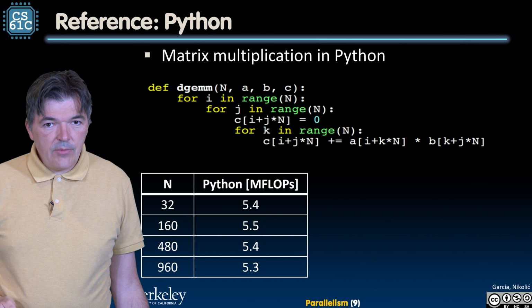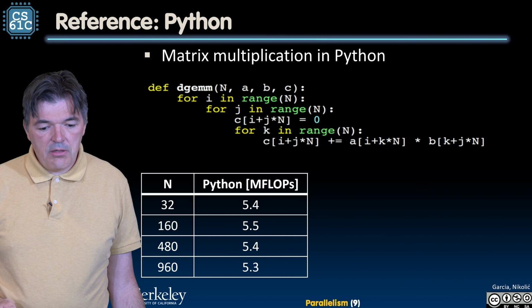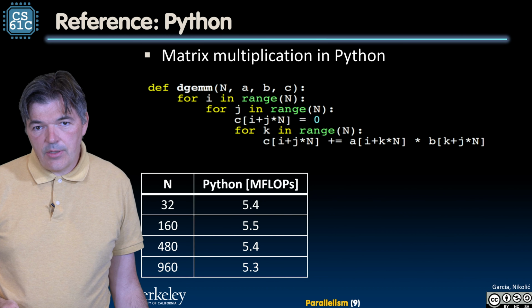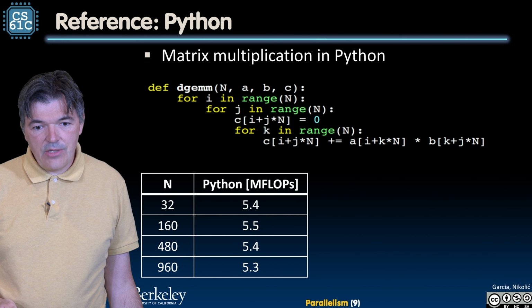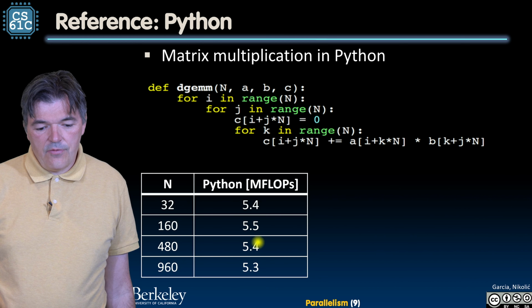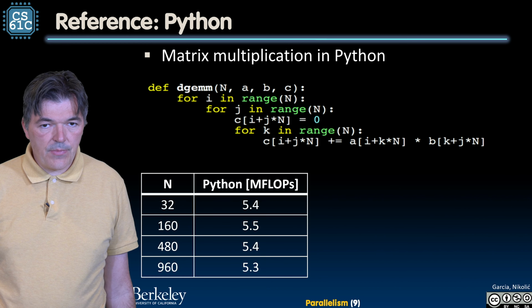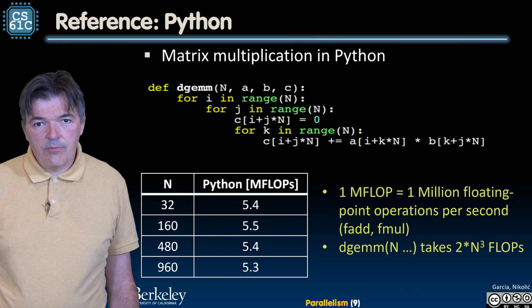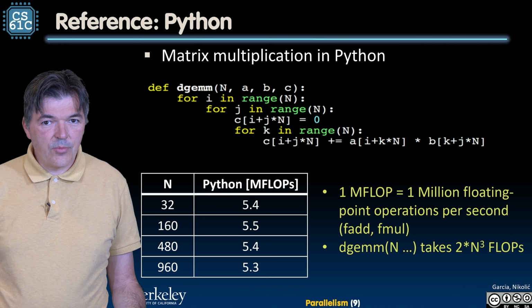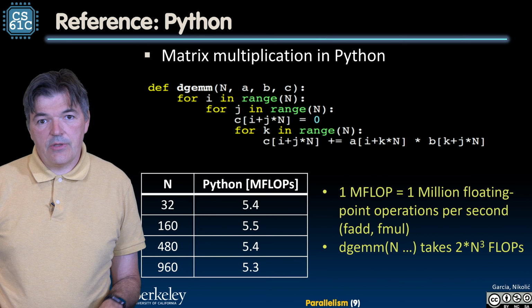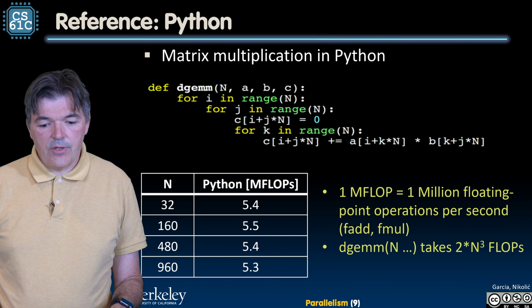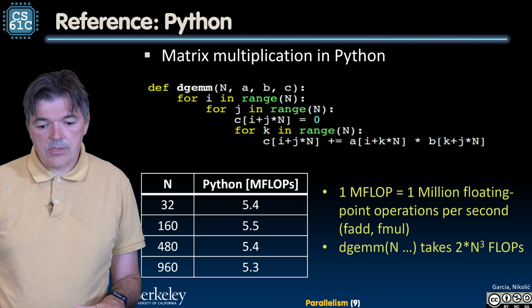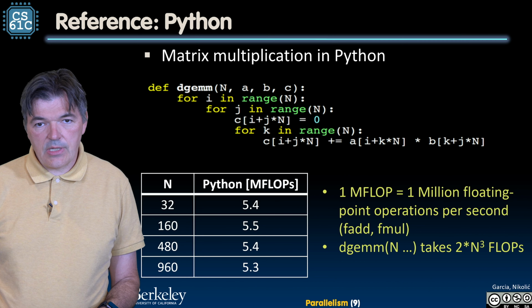When we try to time that, we can find out that the result is fairly independent of the size of the matrix. We get about 5 megaflops. What are megaflops? Well, that's a measure of how fast our computational throughput is. You'll often hear people referring to megaflops, and that stands for millions of floating point operations per second.